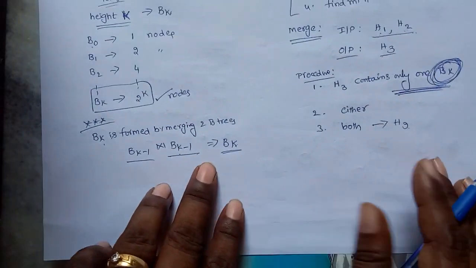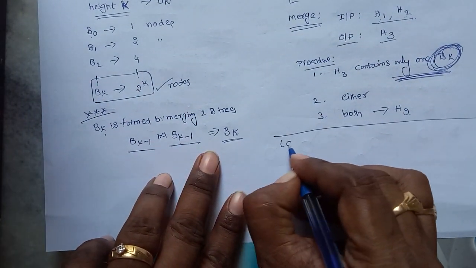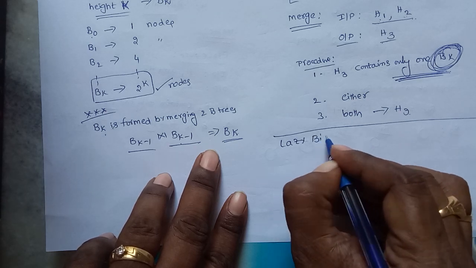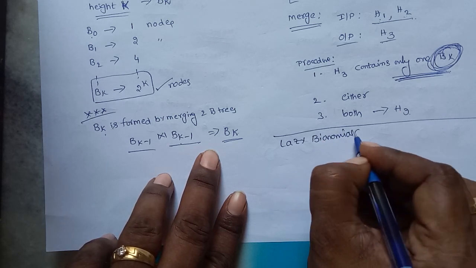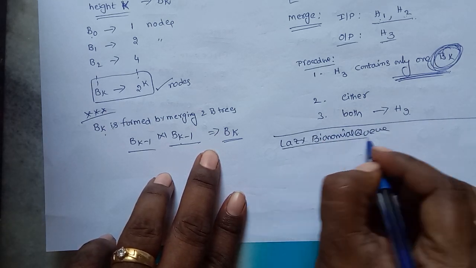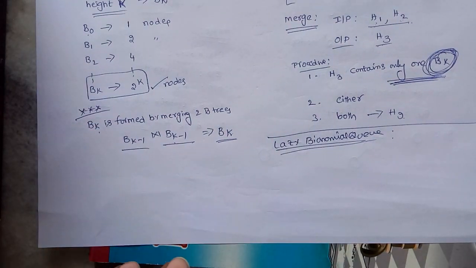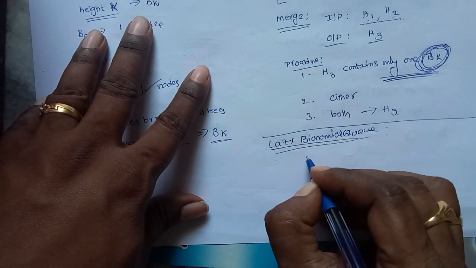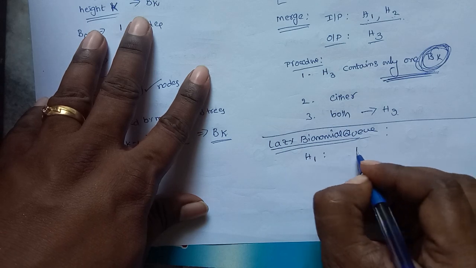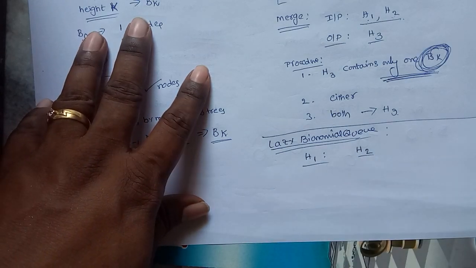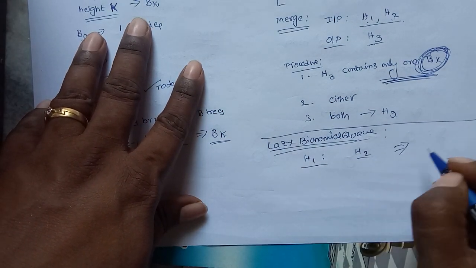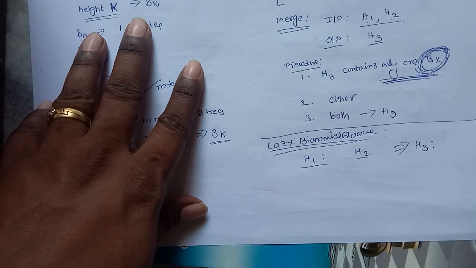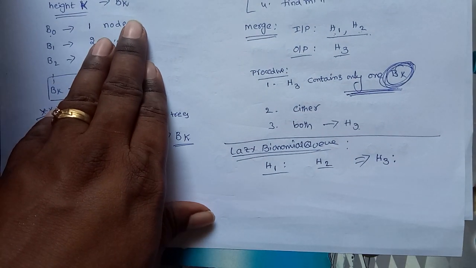Here I will explain one more point. Lazy binomial queue. Okay. The lazy binomial queue means we have two binomial queues H1 and H2. By performing merge operation, a binomial queue H3 is formed.